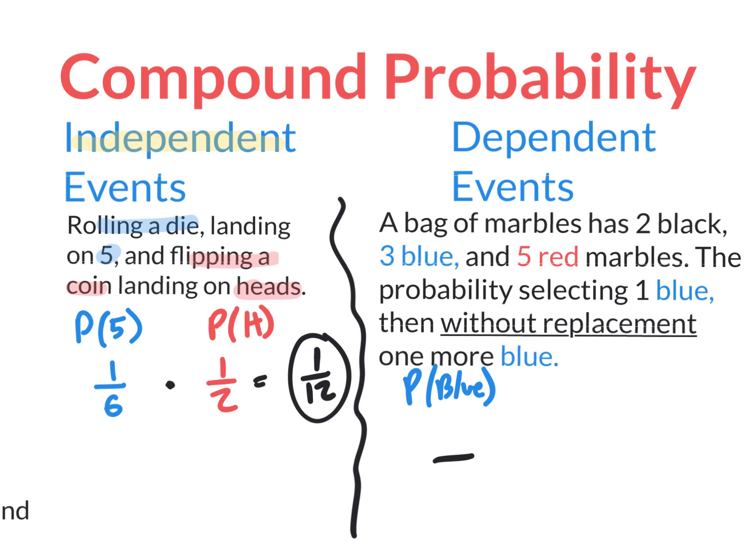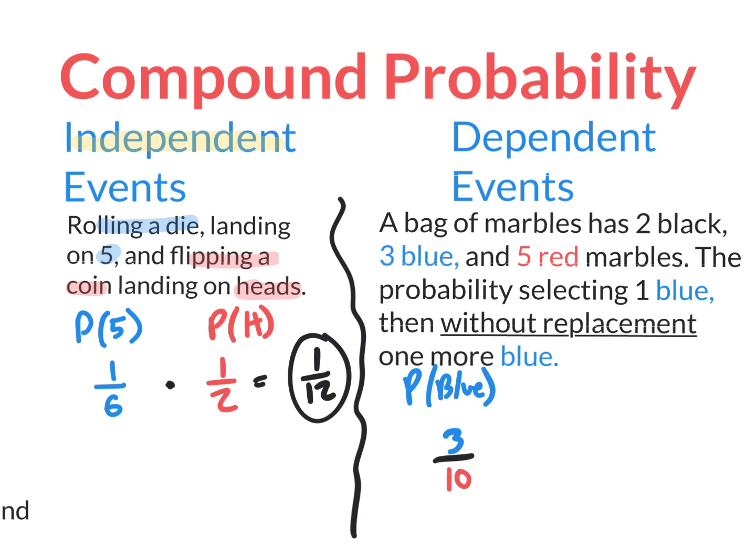What do I want? 3 out of the total 10. Does that make sense? So that is the probability of us selecting a blue marble. Now, imagine that I reach in a bag, I pull out that blue marble, and without replacement, that means I don't put it back in.